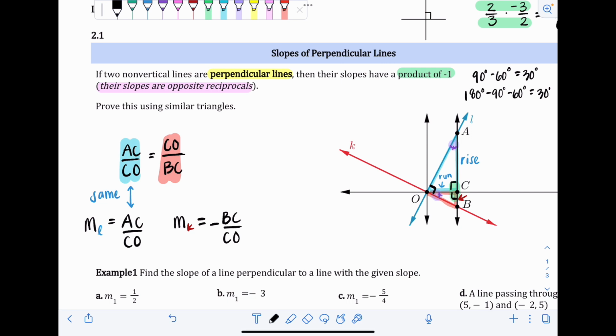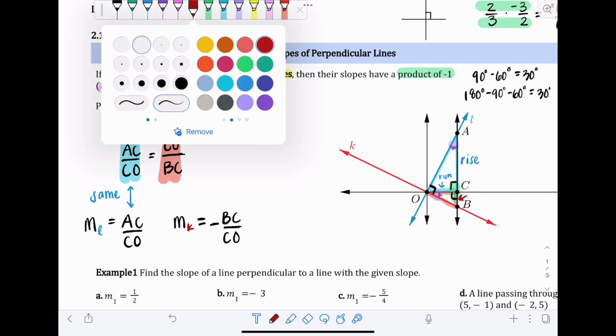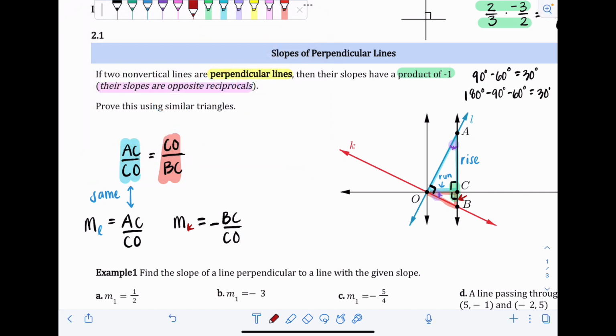It would be negative BC over CO. So then now if we go ahead and compare what we got for the slope of line K with our proportion, it's not only the opposite sign because our proportion dealt with a positive fraction. It's opposite sign because of the negative, and it's just that fraction flipped upside down. So like this was CO over BC, this is BC over CO, so it's the opposite reciprocal.